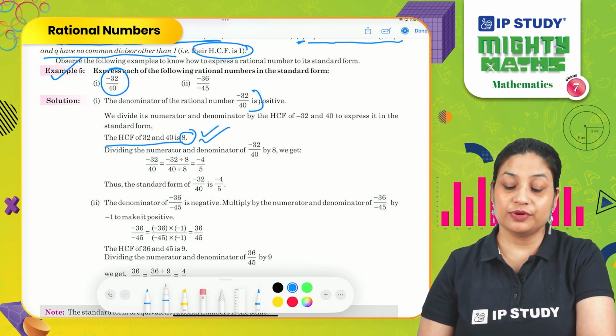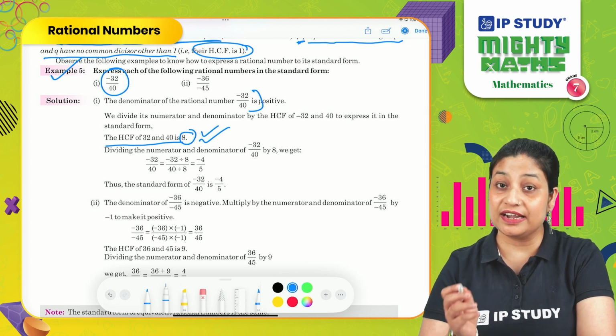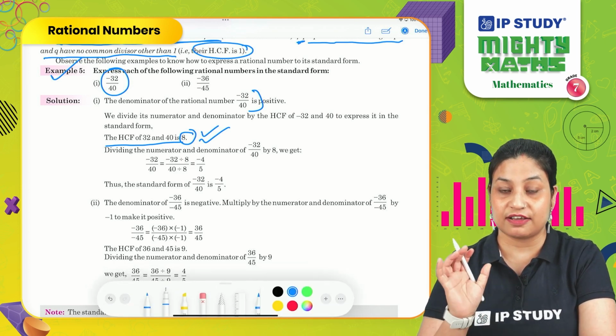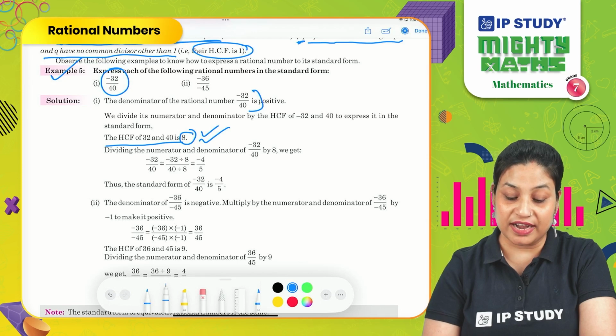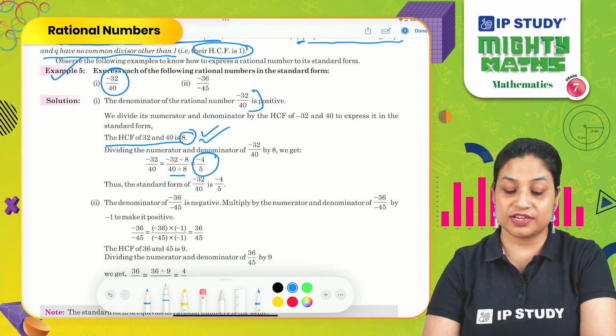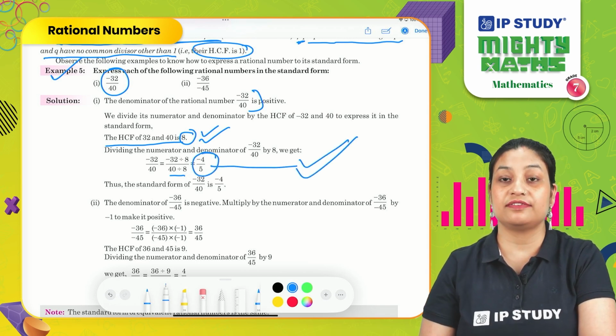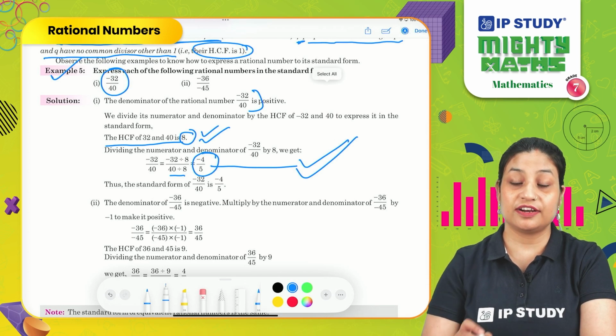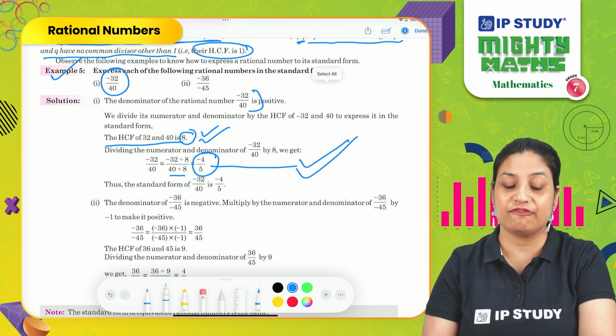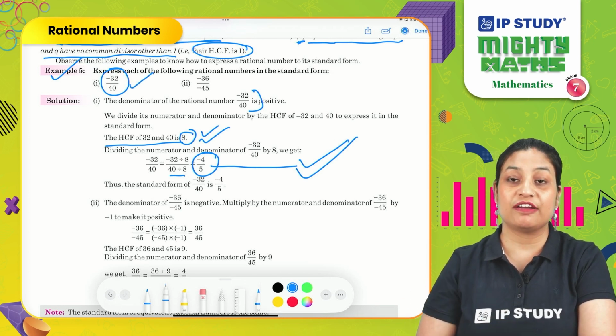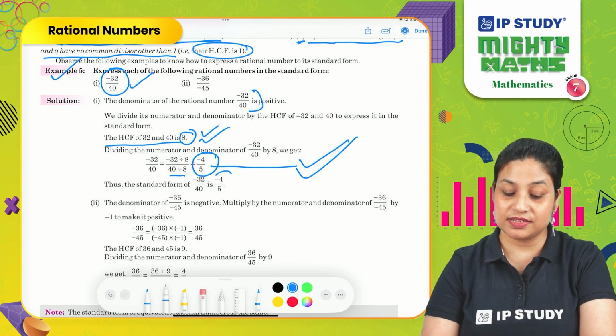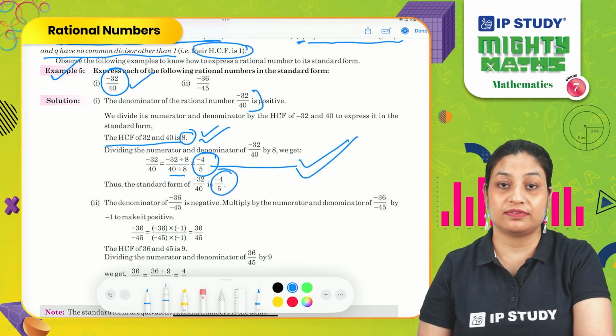Now you will divide the numerator and denominator by the HCF. So here you will divide minus 32 by 8 and 40 by 8. What will you get? Minus 4 by 5. So dear student, this is the desired result. So we can say that the reduced form or the simple form of minus 32 by 40 is minus 4 by 5, right?